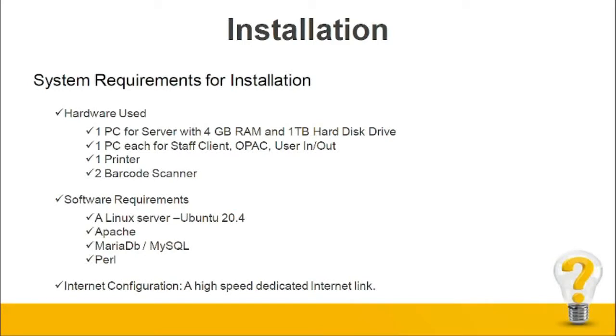So for that, again, we took one PC for the server with a good configuration. This PC chosen for the server had 4 GB RAM along with a 1 TB hard disk drive. Along with the server PC, we also chose PCs for staff client, one PC for OPAC, and one PC for user in-out.